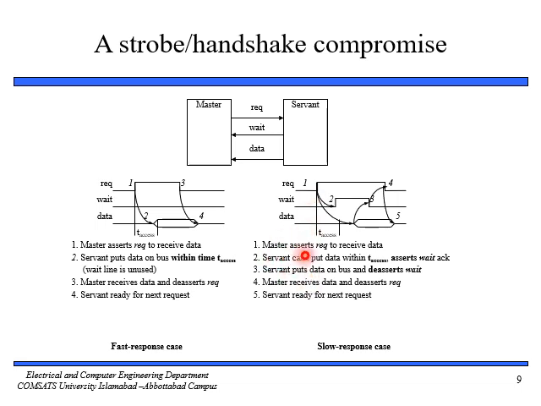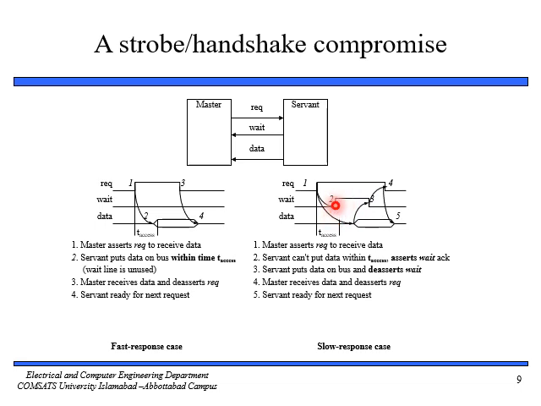Now in this diagram there is the slow response case. Master asserts request to receive data, so master requests servant to send data by asserting the REQ signal. Servant can't put data within T access time. So servant is unable to put data in T access time because we have a wait signal enabled. Assert wait acknowledgement. So here the wait signal is acknowledged.